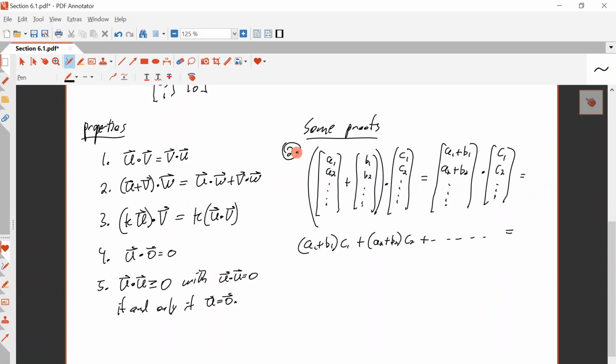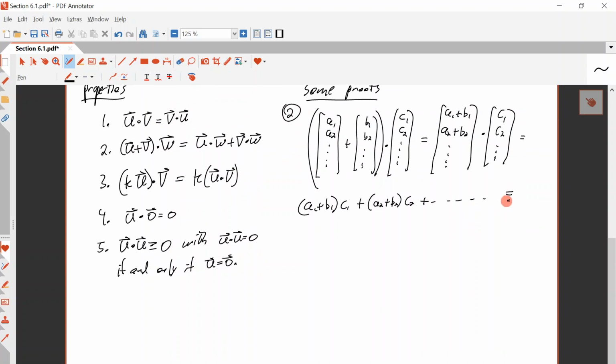So we're proving number 2. These are real numbers, and we know that distribution works over the real numbers, and we know that addition is commutative.